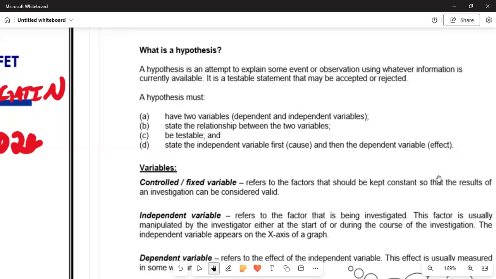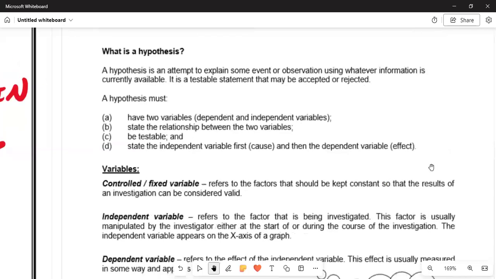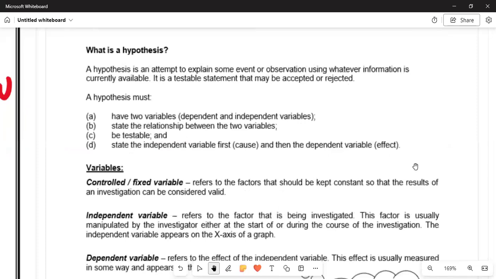Remember that in previous grades, we talked about photosynthesis as a major topic. We have said that in terms of creating the hypothesis, the effect of the sun plays a role. A hypothesis is an attempt using what is currently available.